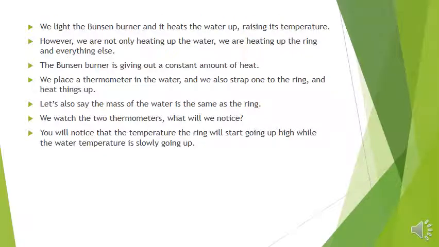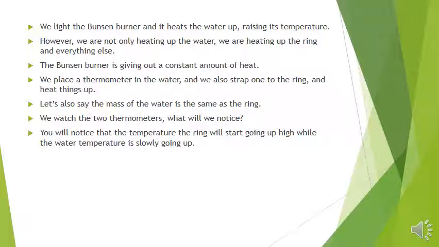So I let the Bunsen burner heat up, raising the temperature of the water. However, we are not only heating up the water, we're heating everything else up. The Bunsen burner is giving out the same amount of heat to everything. I put the thermometer in the water and strap it to the ring. Let's say the mass of the water and the ring weigh the same.